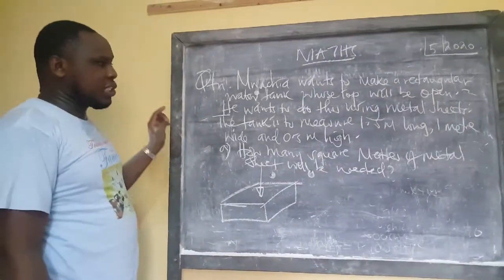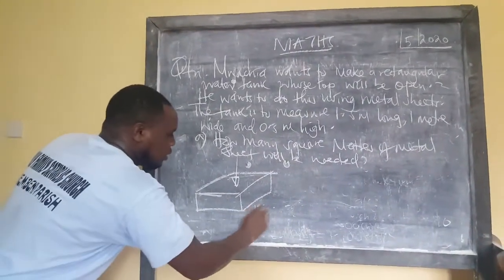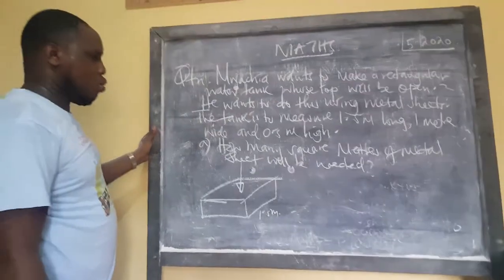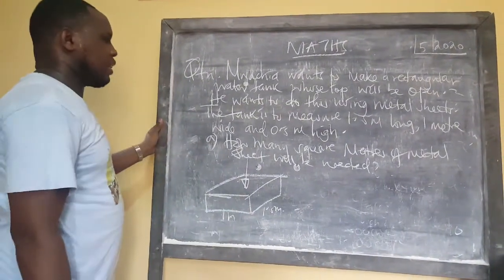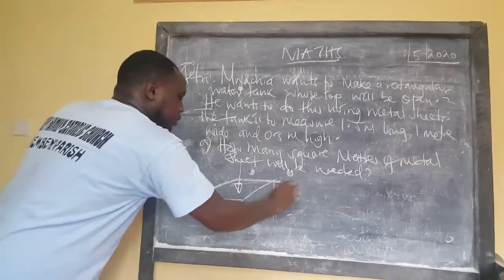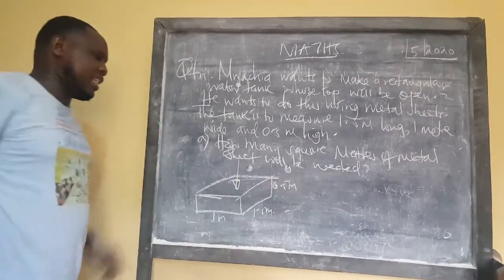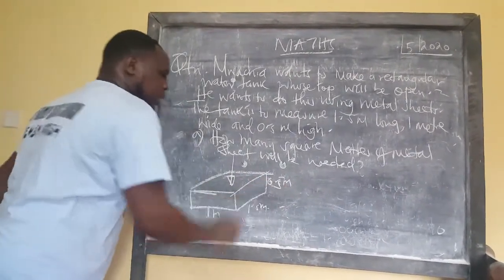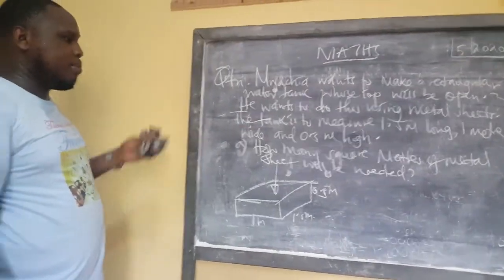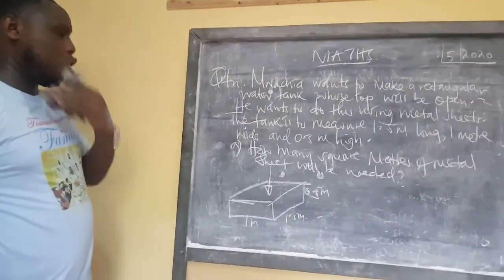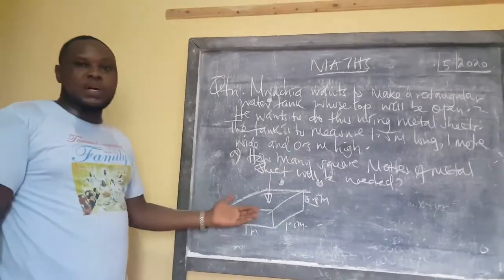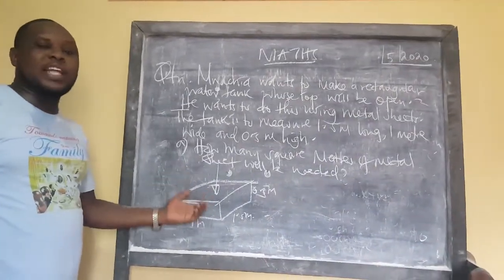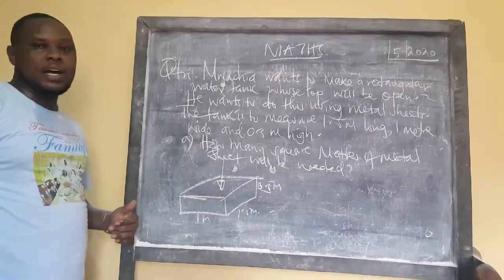And this tank measures 1.5 meters long by 1 meter wide, that is the width, and then 0.5 meters high, that is the height. So the question is, how many square meters of metal sheets will be required? In other words, this person is telling you to find the surface area of this tank.